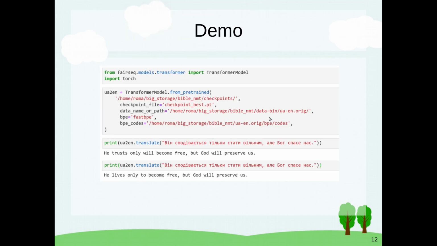In the following slide, we see an example of execution. It's a Python implementation with the fairseq transformer model. We are translating from Ukrainian into English. We're using this translation.